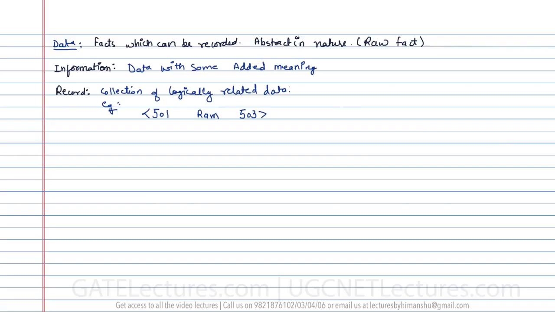Okay, then there's something called a database. Now you can say the database can be defined as a collection of records. Or the database can also be defined as the collection of logically related data.